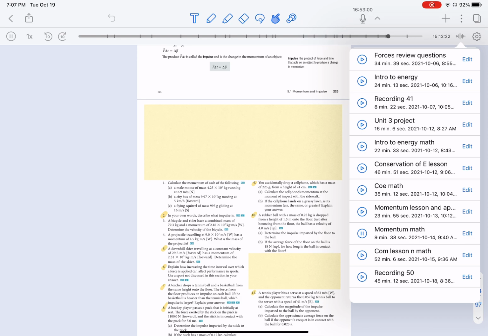And just to make life a little bit easier, I'll just factor out the mass, so I only have to do it once. So then we have 0.6 kilograms times negative 35 meters per second minus 40 feet.